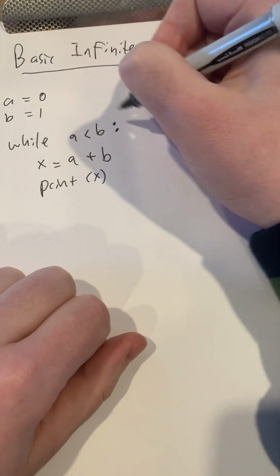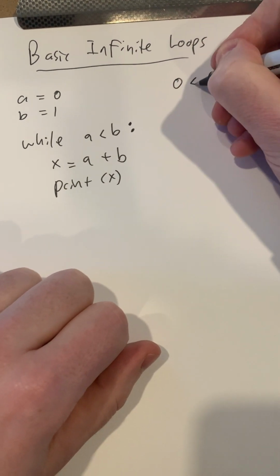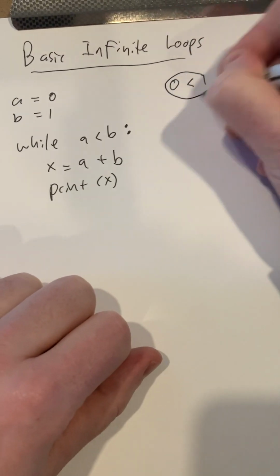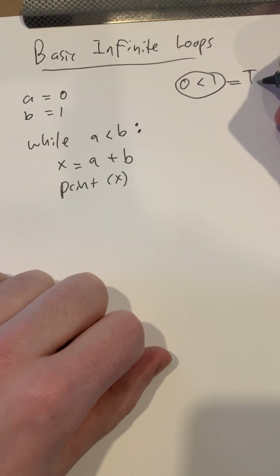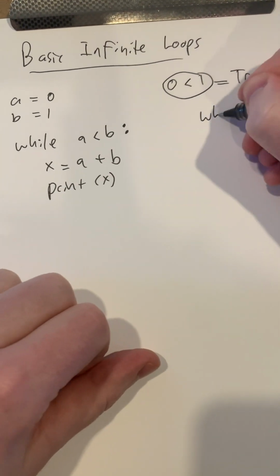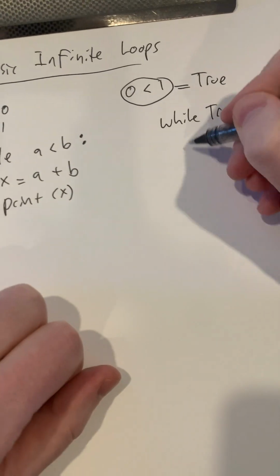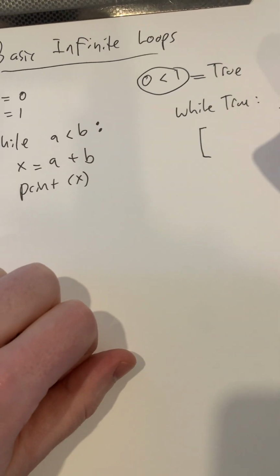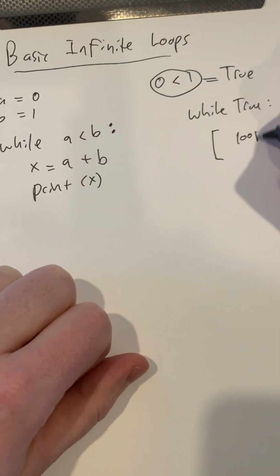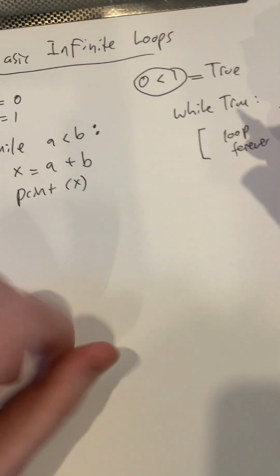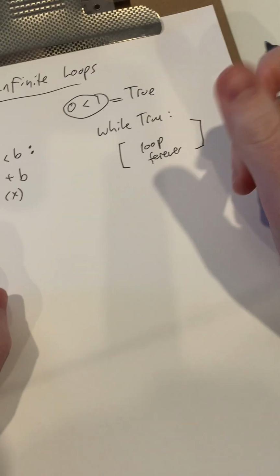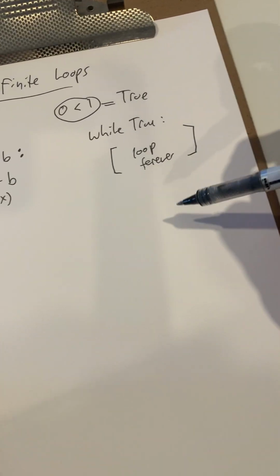Practically speaking, a is equal to 0 and b is equal to 1, which means that this is always going to be true, so this essentially reads while true, perform this action, which means that anything in here is going to loop forever, or until the computer runs out of memory or whatever.